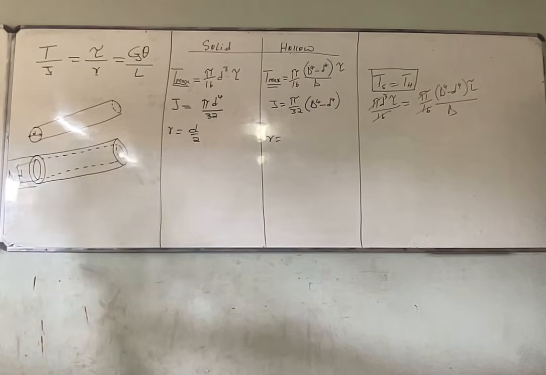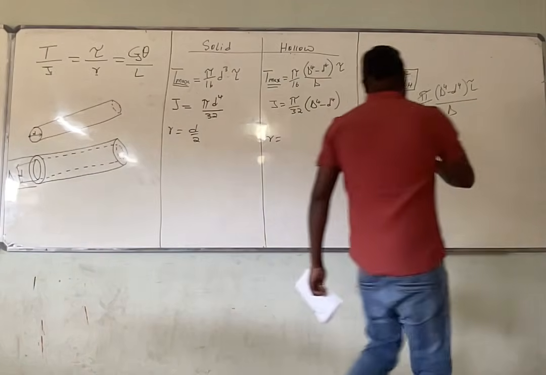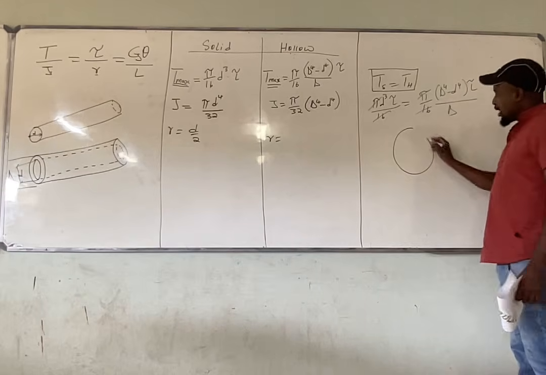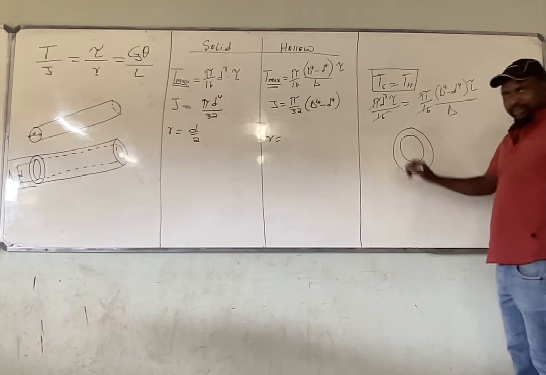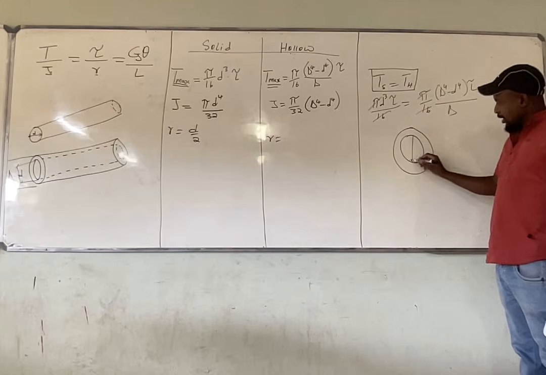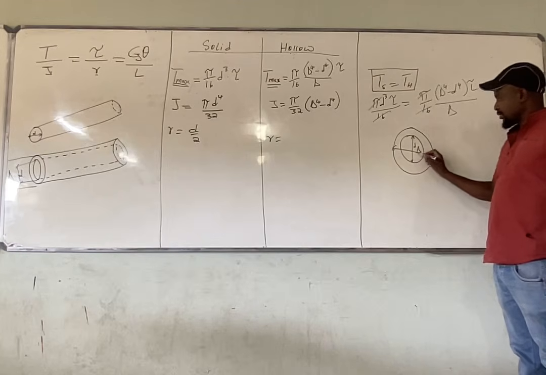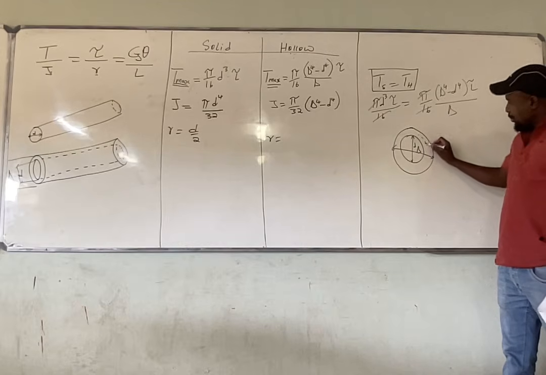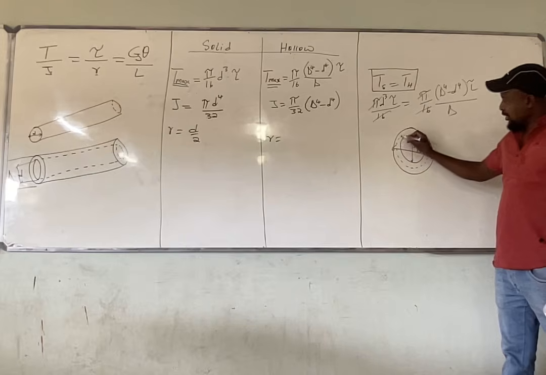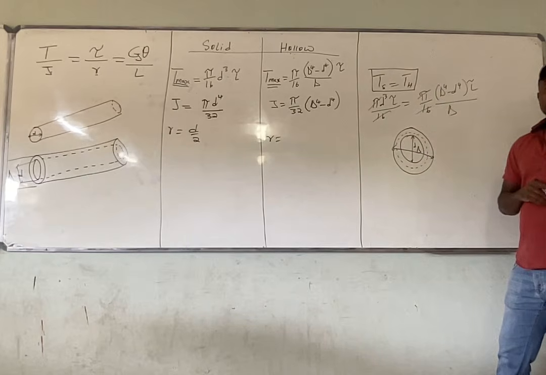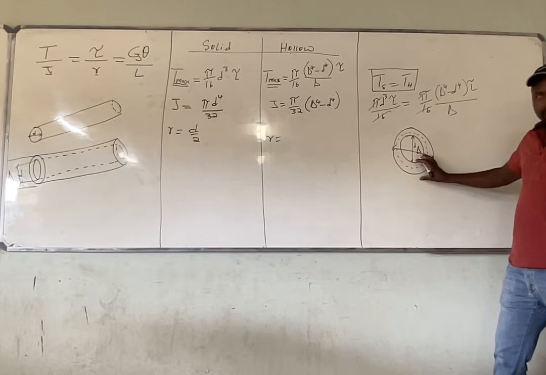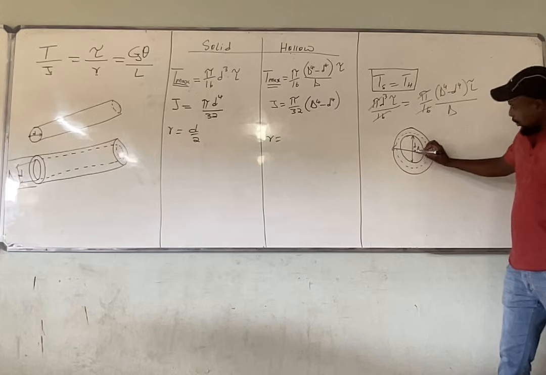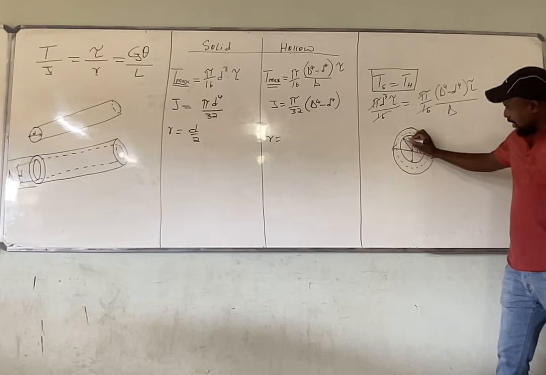In a hollow shaft, take the cross-sectional area of a hollow shaft. From there to there is an inside diameter d, from there to there is an outside diameter D. So on a hollow shaft, you're supposed to use a mean diameter or a mean radius, the radius which is between the two diameters, the distance from the center up until there.